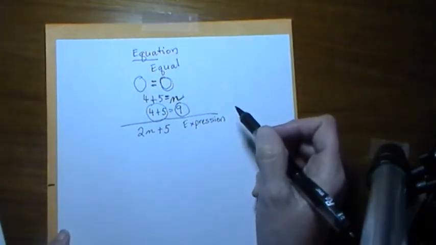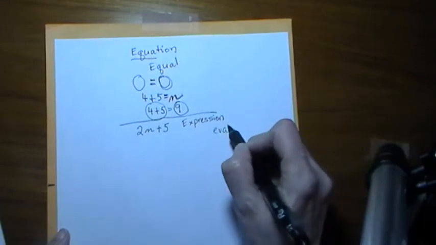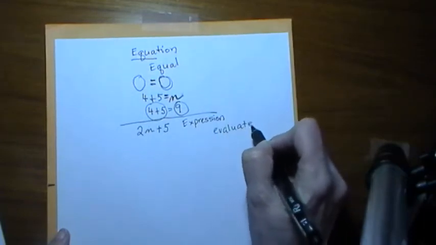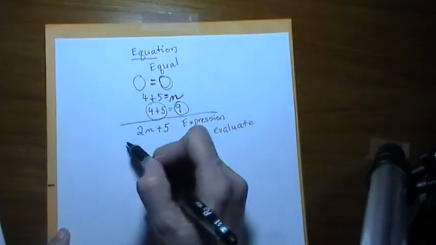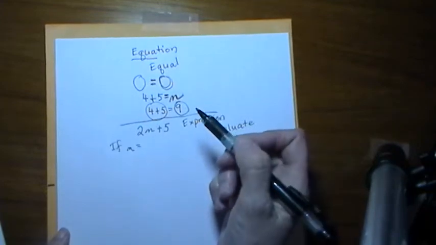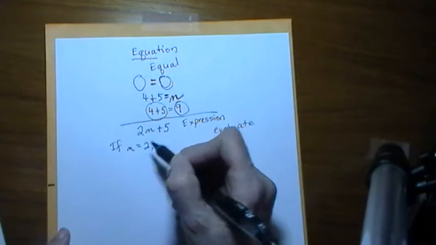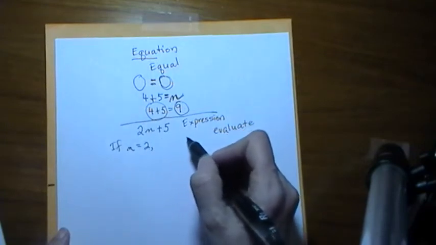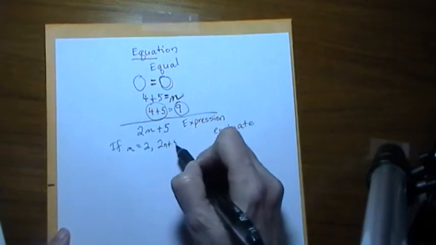Now oftentimes you will be asked to evaluate an expression. And they'll say if n equals some number, let's just pick the number 2, then evaluate the expression 2n plus 5.